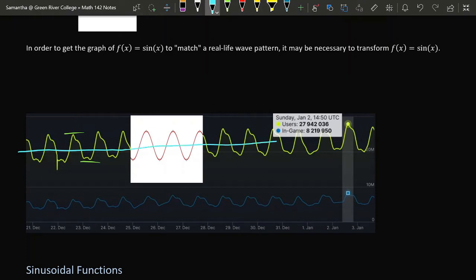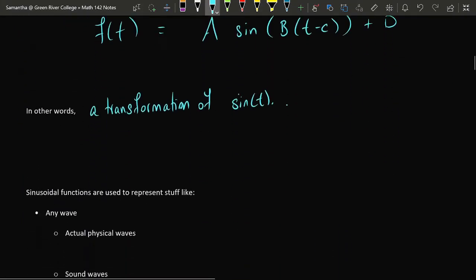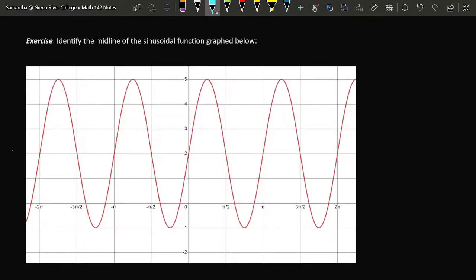So I'll sketch it in blue here. The midline on this scale looks like it's about maybe 24 million users. And this would be how many people are using Steam on average at any given time. The midline, the average number of users, cuts right through the center of the wave horizontally. Let's identify the midline of the sinusoidal function graphed below.